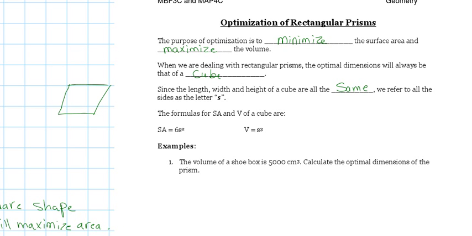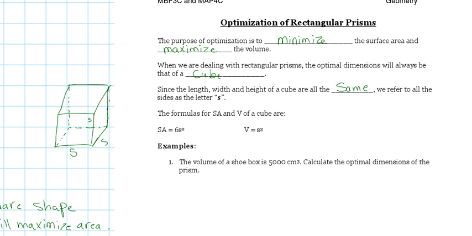I can't draw a cube, so I apologize in advance. In this case, your length, width, and height are all the same, and we're going to refer to them as S. So S times S times S gives me the volume of that cube.